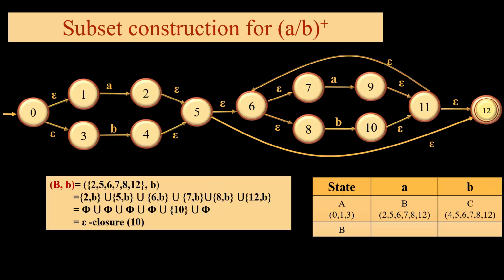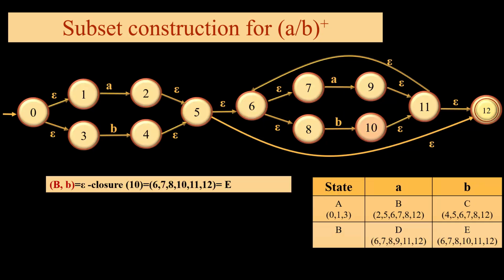Now we take B comma B, we get epsilon-closure of 10 because 2 comma B gives us nothing, 5 comma B, 6 comma B, 7 comma B, 8 comma B and 12 comma B. In 8 comma B we get 10 and 12 comma B again gives us nothing. So we take epsilon-closure of 10.